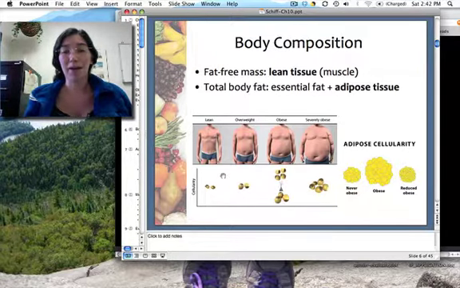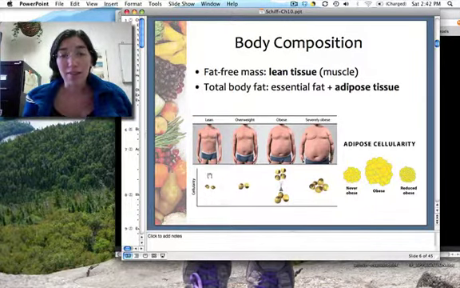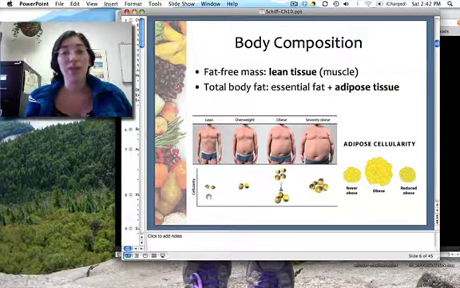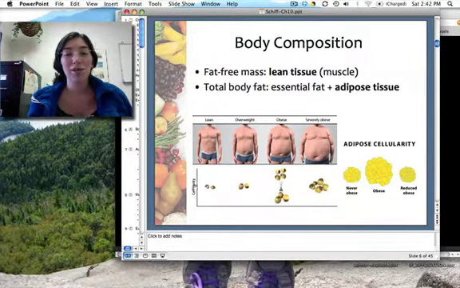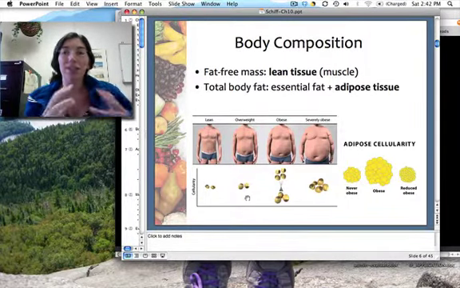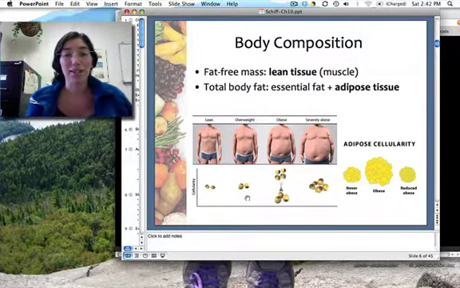So here's the thing about adipose tissue. You are born with a certain number of fat cells that are supposed to remain constant. And as you gain weight, the fat cells don't multiply, the fat cells store more fat and get fatter. So a lean person compared to an overweight person, the overweight person just has larger adipose cells that contain more triglycerides.